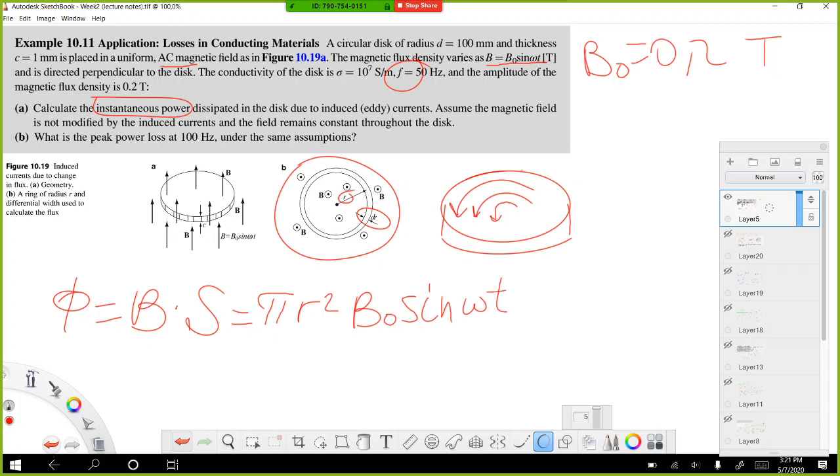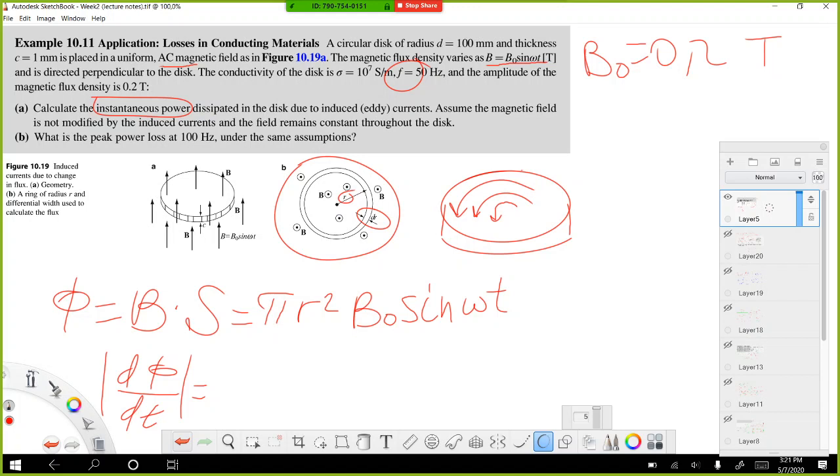And in order to find the electromotive force, we take dphi over dt.